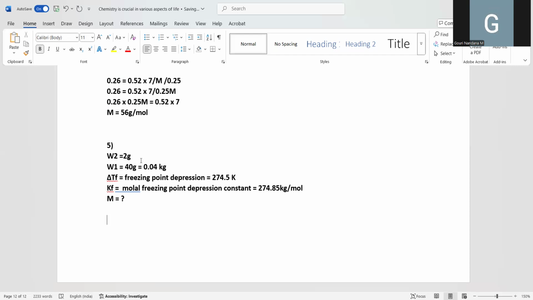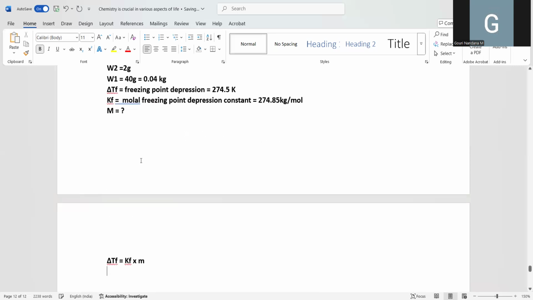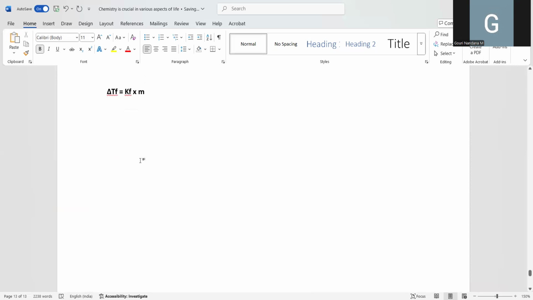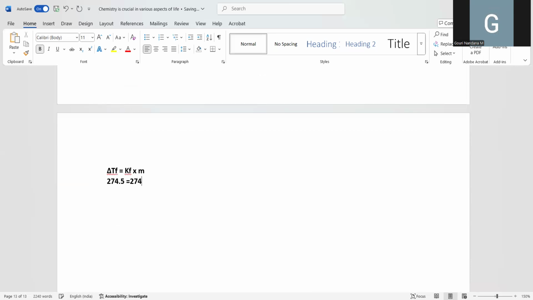Okay, so now you can use the first equation, that is delta TF is equal to KF into M. We know delta TF, that is 274.5, and KF is 274.85, into M. We already know the equation, into N by W1.